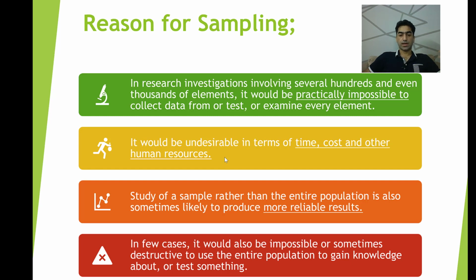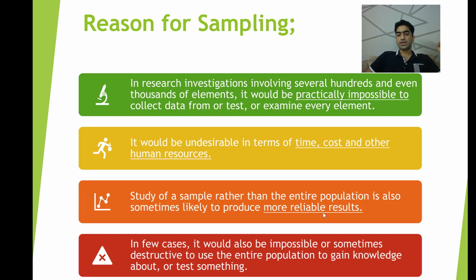If you are following all the protocols and collecting data from 400 individuals, the respondents, and you can apply those results to maybe 10,000 individuals, then why should you go for the 10,000 elements when the results are going to be the same, provided you are following all the standards and protocols of research.